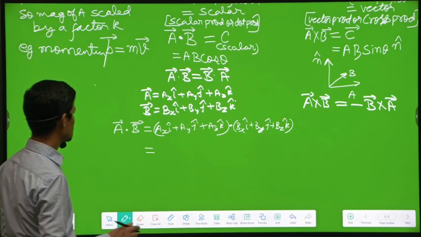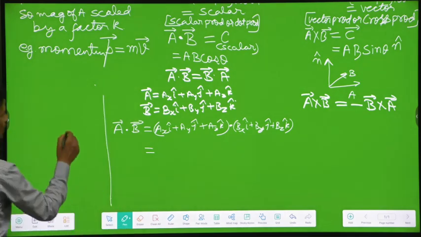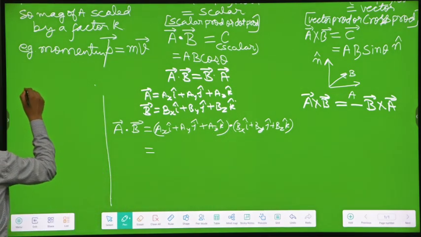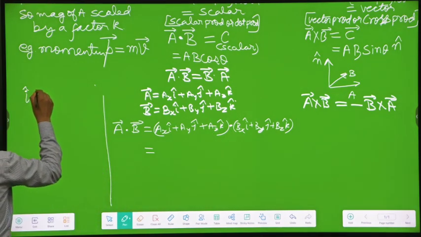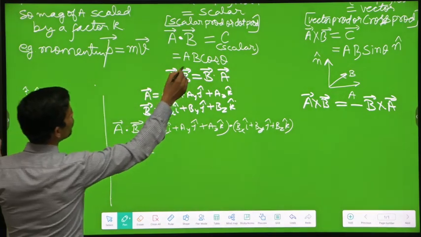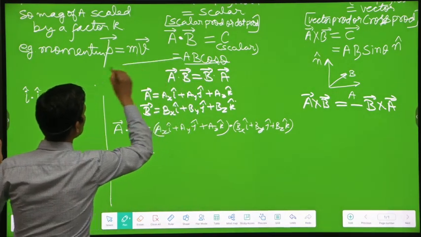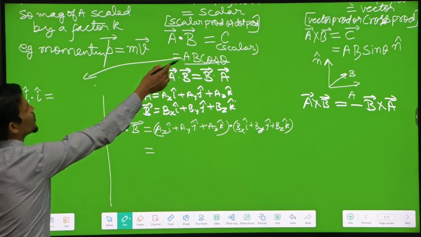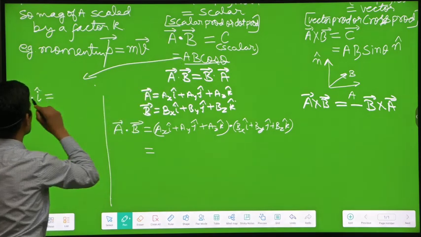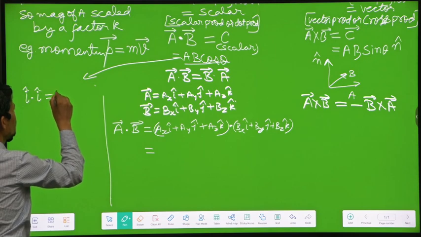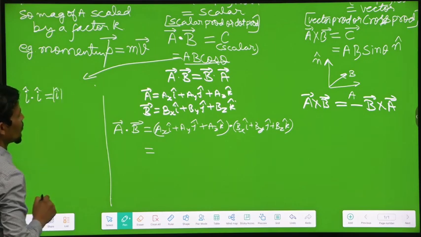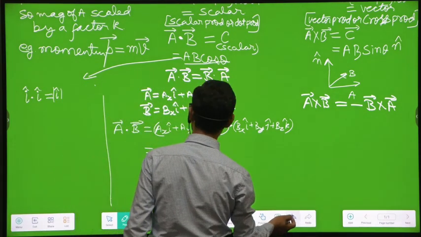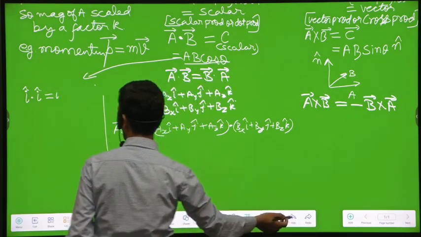But here is a catch. What will be the i dot i? i cap dot i cap. So if I follow this expression, A means magnitude of A, so what will be the magnitude of i? i cap is the unit vector along x-axis.